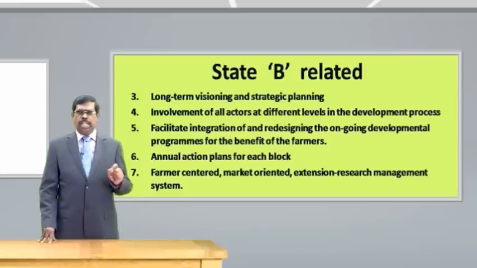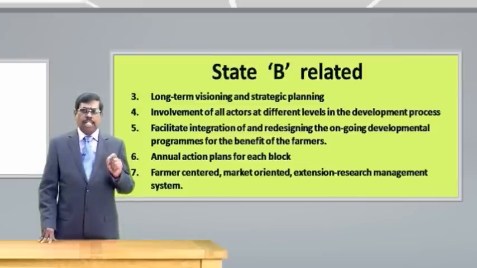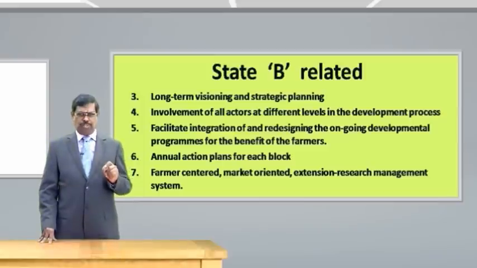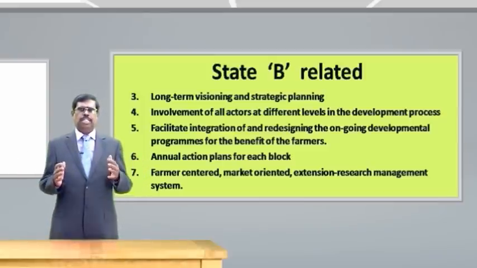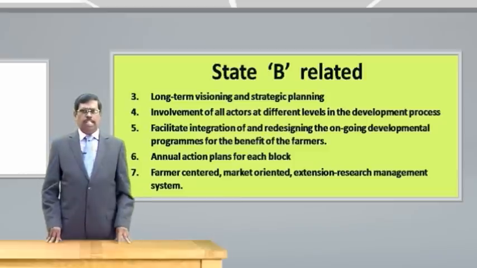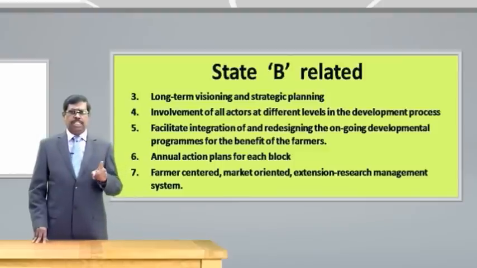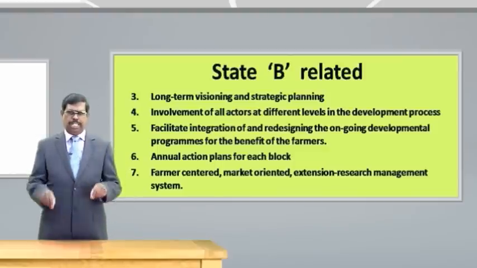And then we need to facilitate integration and redesigning of the ongoing development programs for the benefit of the farmers. And finally, we come out with what are called annual action plans for each block. When we combine all the block action plans, it becomes the district action plan. Ultimately, the purpose of developing SREP is to ensure that a farmer centered and market oriented extension research management system is put in place.